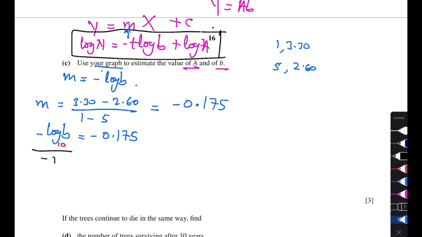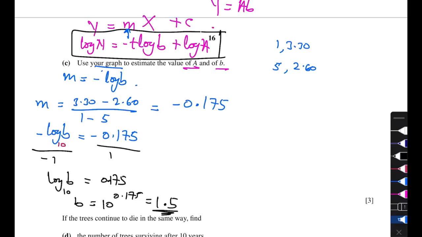So now we are working with log b base 10 equals 0.175. So b is basically 10 to the power 0.175, which is about 1.5.